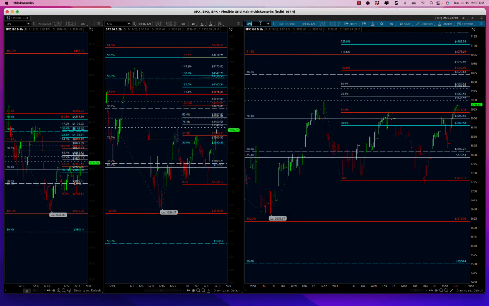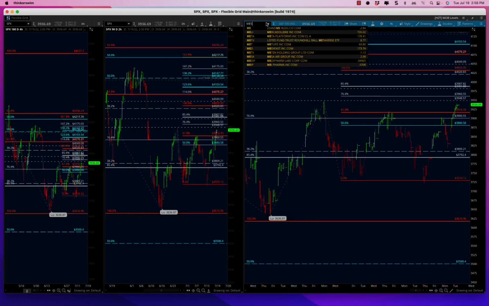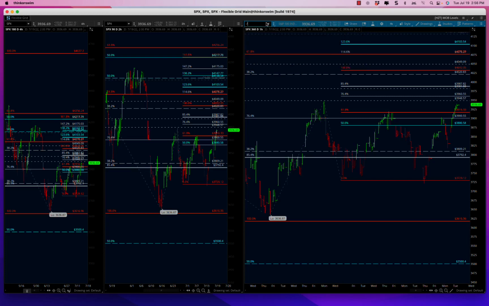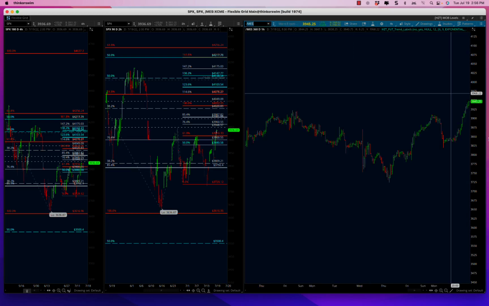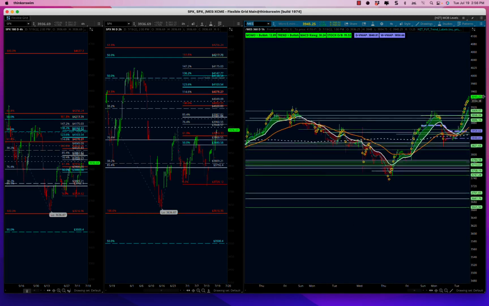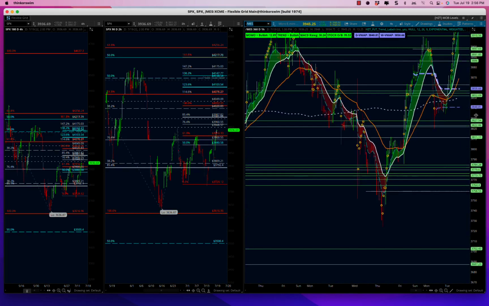So I will need to switch to MES. Let's see, that should be decent enough. Okay. So these green lines tell me where POC was in the last 22 trading days.